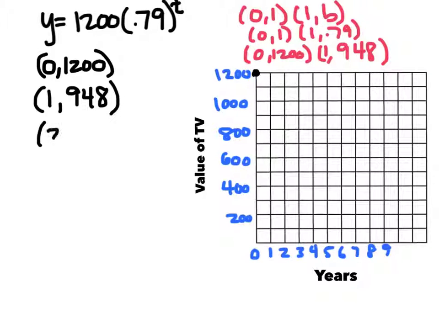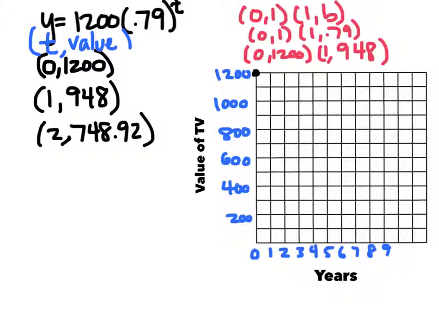Now, let's just get some more points. After 2 years, what's the value? Well, we just found that on the previous page: 748.92. Whenever we label our axes, it's good to go ahead and label your points too. This is time, and this is value. I also want to get a point as far to the right as possible.